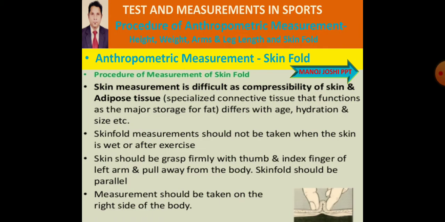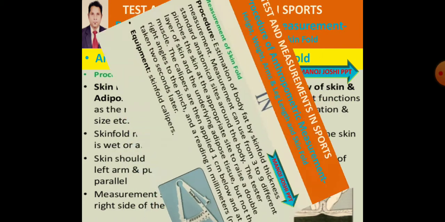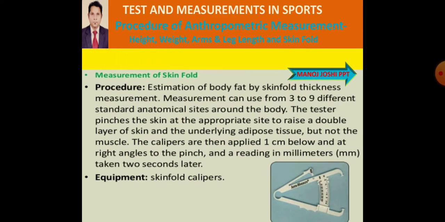Further, we can see the estimation of body fat by skin fold thickness measurement. Measurement can use from 3 to 9 different standard anatomical sites around the body.